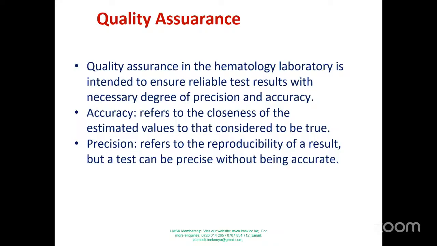So maybe if you are reviewing your LJ, you are seeing things like 10x, which means there's a persistent systematic error in your system. And that one, you would have to check your reagents and also check your calibration status if you are in a chemistry setup. And the system can also be accurate and not precise. If it is accurate and not precise, that simply means there could be a random error.